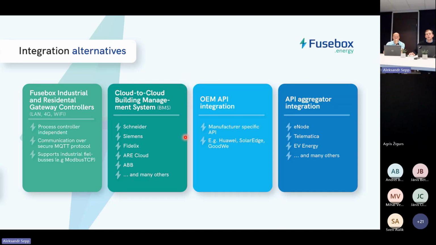There are already a number of them with which we have had successful projects. There are also some that are not mentioned, which are very local, for example, to Estonia, Latvia, Lithuania, or Finland.